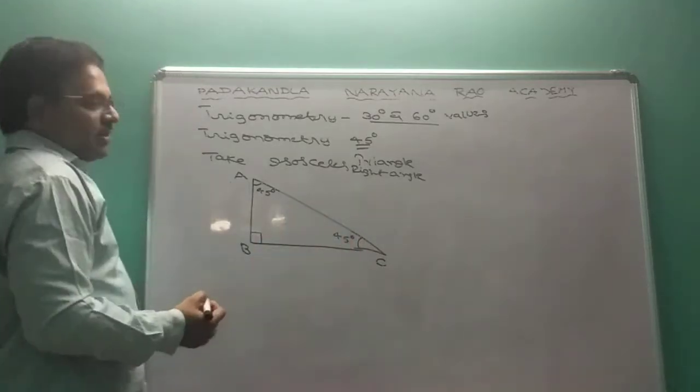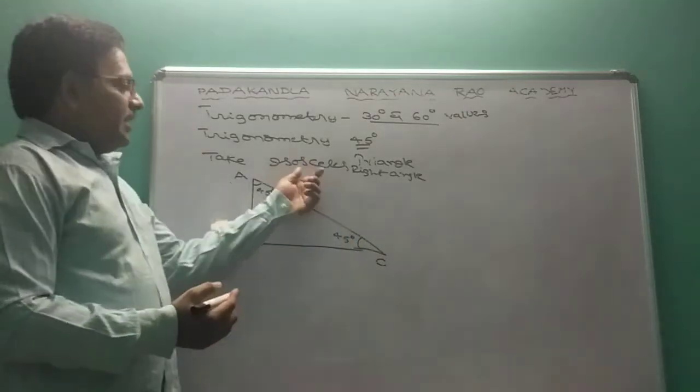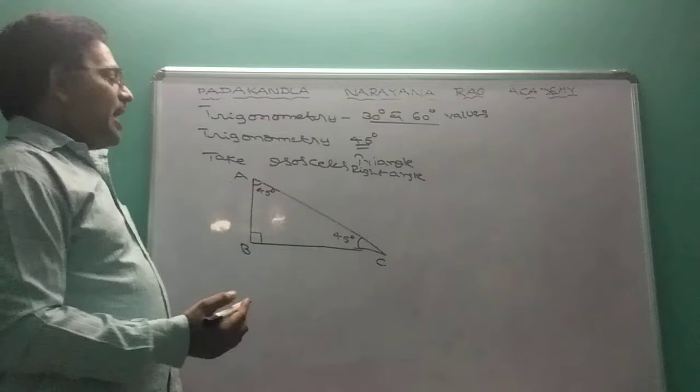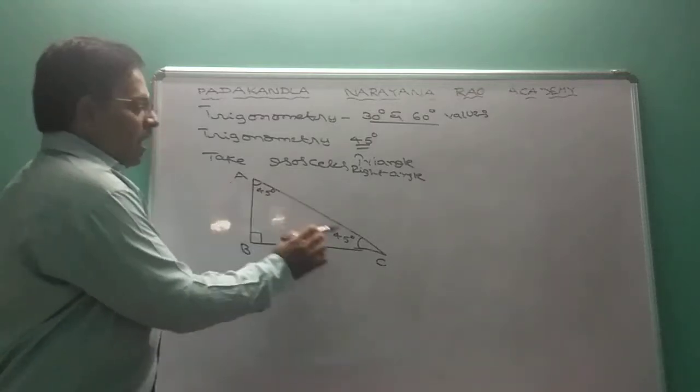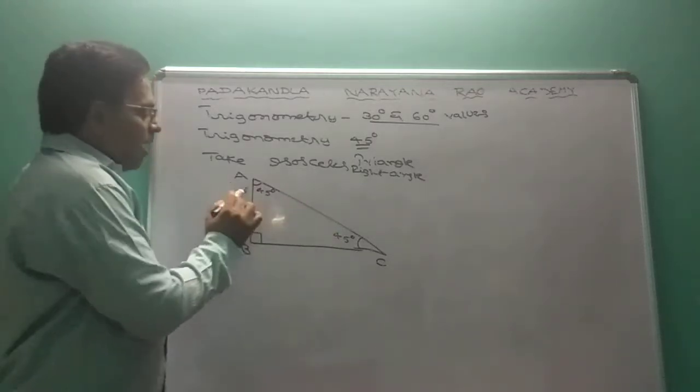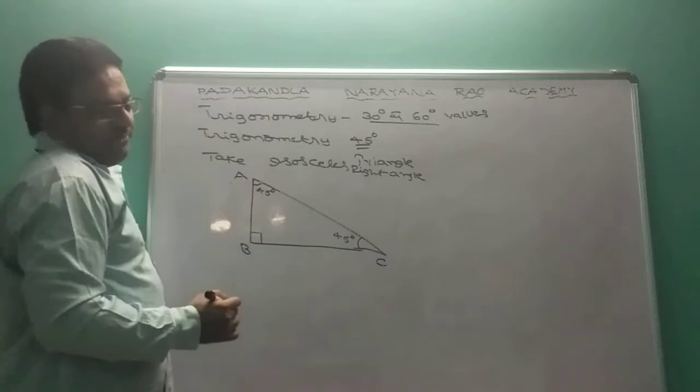You know that in an isosceles triangle angles are equal, then opposite sides are also equal.